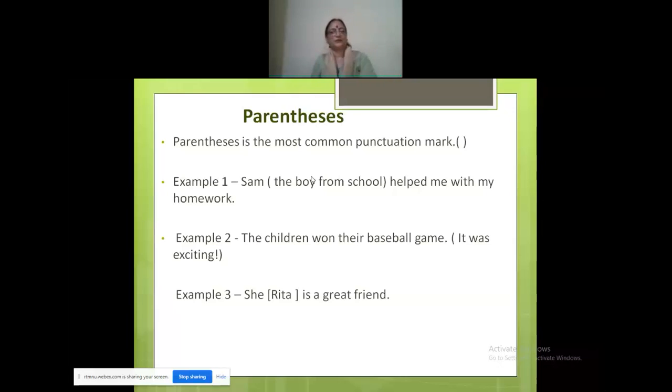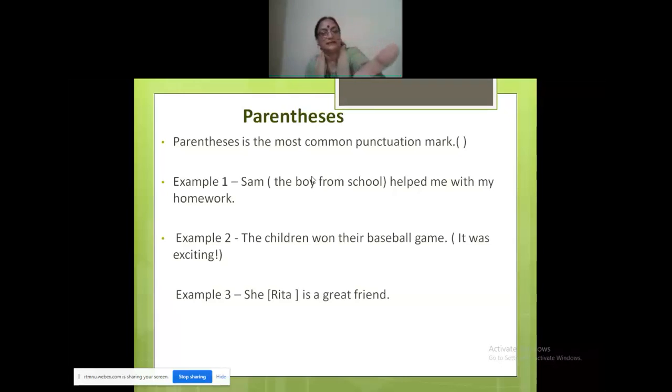Then the third example is she, and the name of the girl, is a great friend. Again, the parenthesis. Wherever we use the brackets, alternatives are also there. That is why most of the time we don't use the brackets. But in academic writing, whenever you are giving an extra piece of information, they are very largely used in brackets.